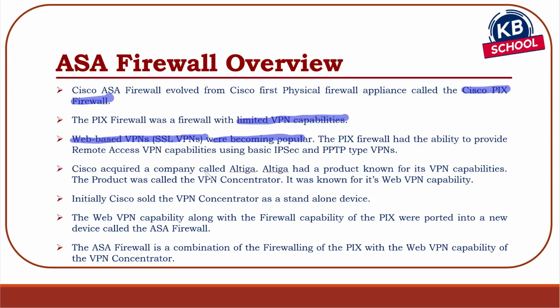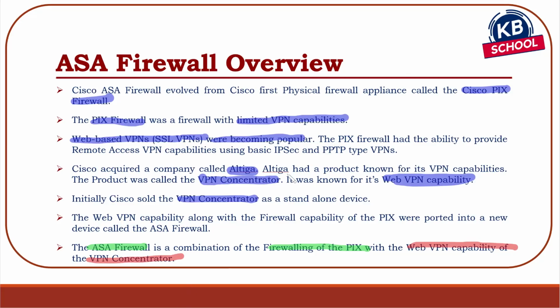Cisco acquired another company by the name of Altiga, which had the device called the VPN concentrator, known mainly for its web VPN capability. They integrated that VPN concentrator capability with the PIX firewall capability, and that's where the ASA was born. So the ASA is basically a combination of the firewalling part of the PIX firewall and the VPN capability from the VPN concentrator.